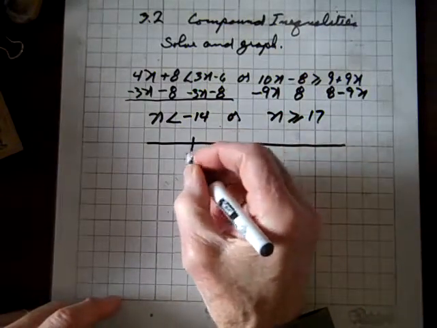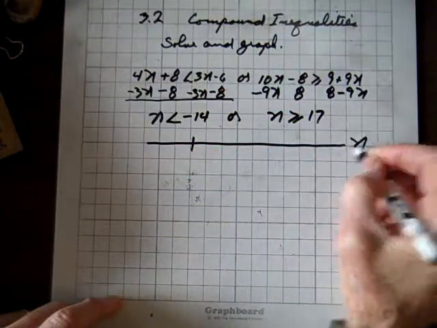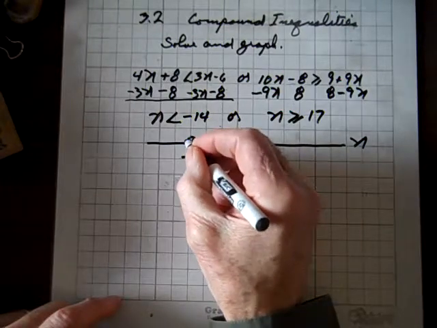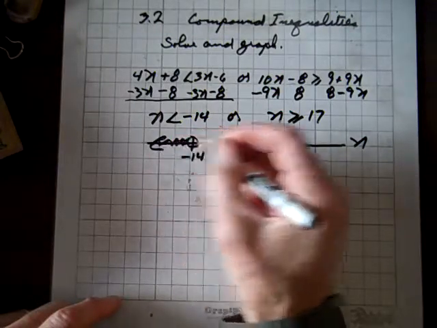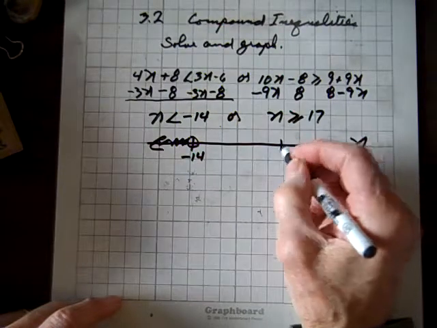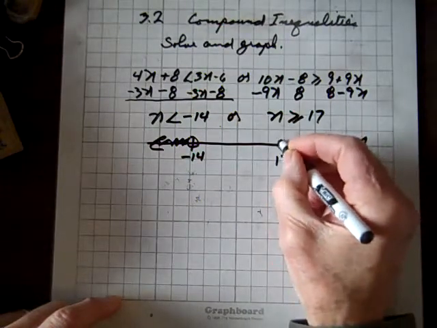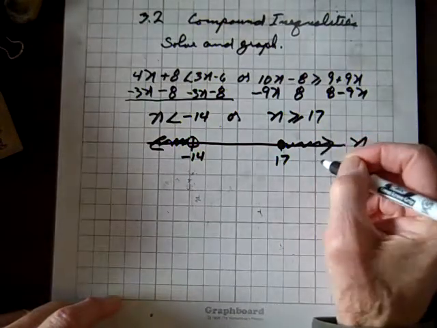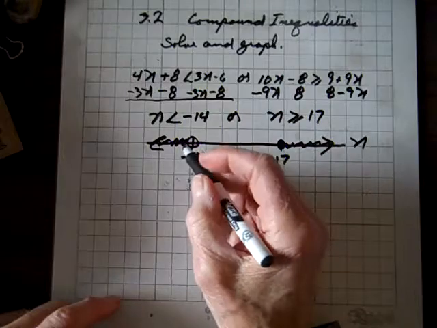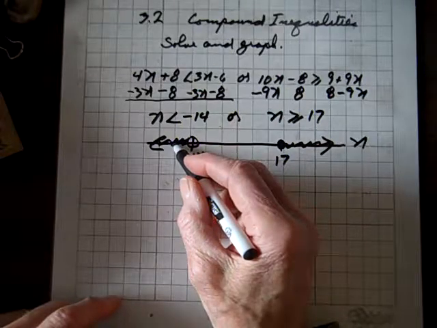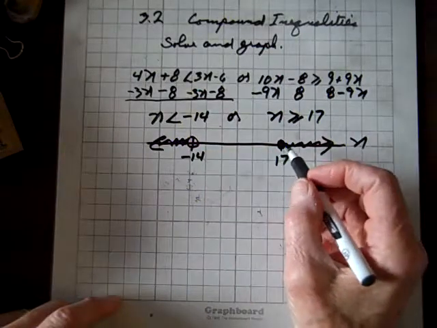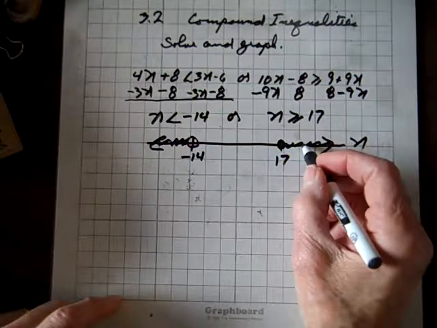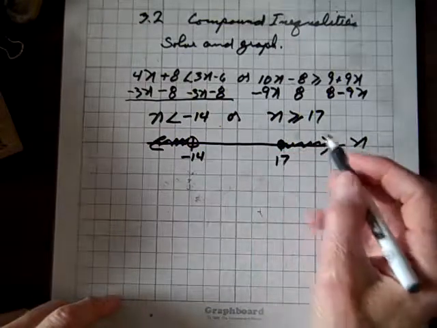And here we are at, by the way, this is n, negative 14. We've got an open circle and everything to the left. And hash mark at 17, closed circle because of the equal sign, and everything to the right. And notice a solution can live in this interval, left of negative 14, or this interval to the right of 17 or to its right, but not in both at the same time.